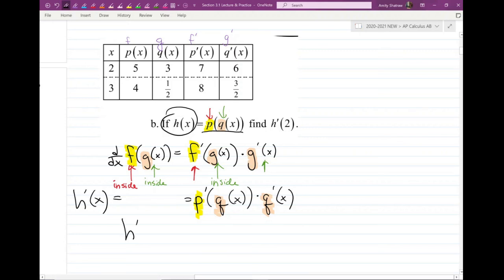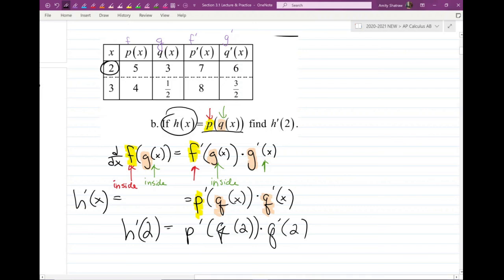So I say h prime of 2 is going to be p prime of q of 2, times q prime of 2. Ta-da! And then I should figure out what q of 2 is, and maybe q prime of 2, because that seems pretty easy.